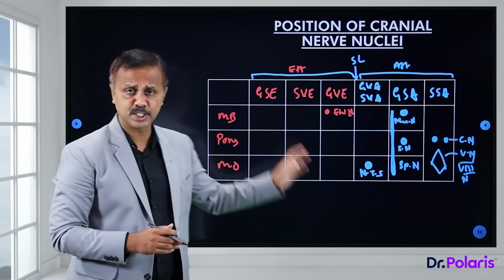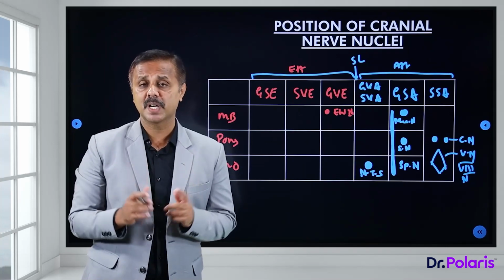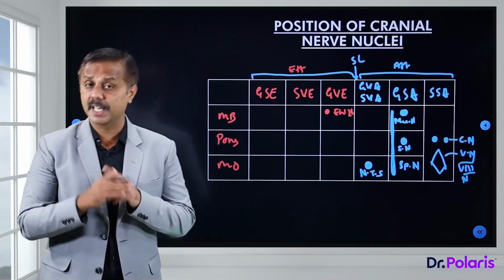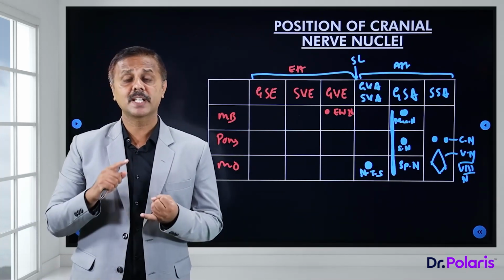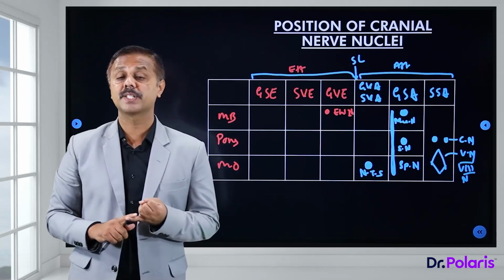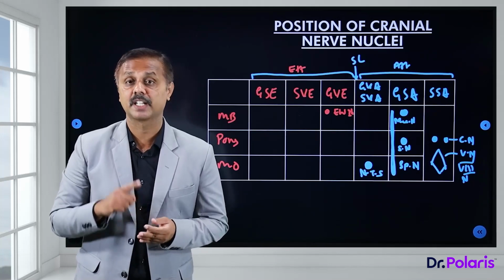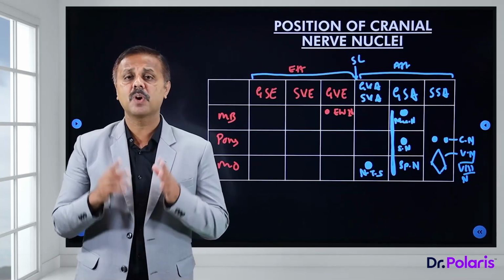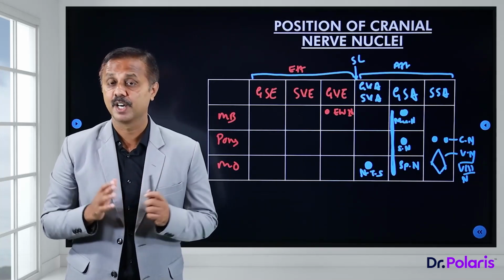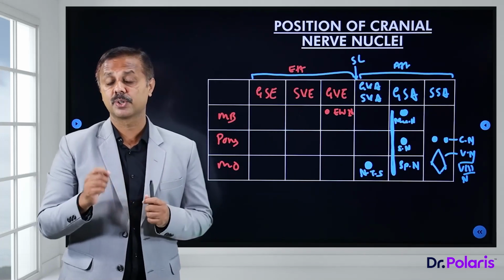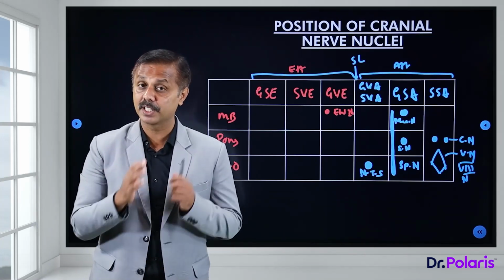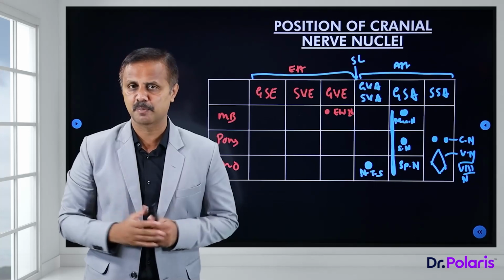Fine. This is regarding the smooth muscles. Now, smooth muscles, remember, are also present elsewhere in the body. They are present as a component of blood vessels. They are present as components of hollow organs like the GIT, urinary tract, and respiratory tract. So what nucleus represents this? Remember, this column should also supply cardiac muscles.